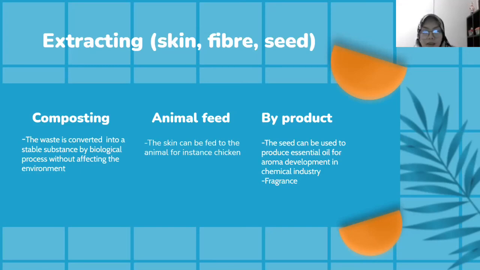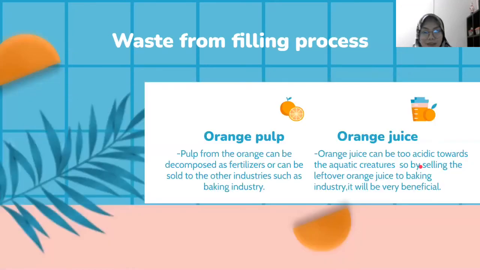Next is animal feed, where the skin can be fed to animals, for instance chicken and others. The next is byproduct. The seed can be used to produce essential oil for aroma development in the chemical industry, and also for fragrance in our house. Okay, that's all. So I pass to Fatin.